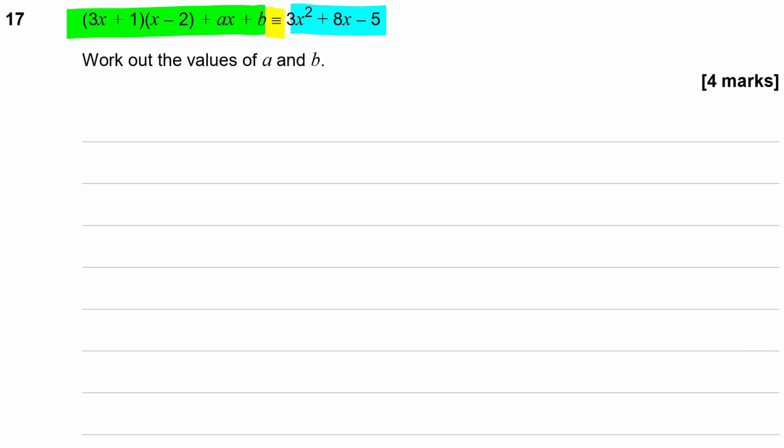So I'm going to start with the left hand side. I'm going to simplify it by multiplying out all the brackets and collecting all the like terms together, and then try and make it look more like the other side so I can compare coefficients.